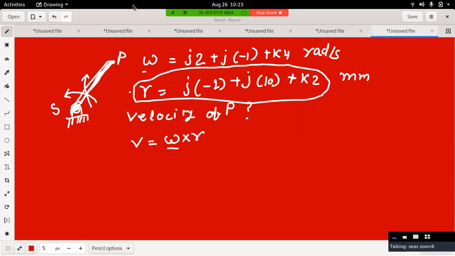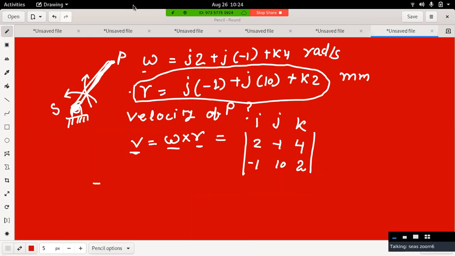So omega is a vector, r is also a vector, and we know that velocity is also a vector. तो यहाँ पे क्रॉस प्रोडक्ट हो जाएगा, and if there are two cross products omega and r, तो हम लोग वेलोसिटी वही डिटर्मिनेंट का यूज करके निकाल सकते हैं. So I, J and K, and then 2, -1, 4, and -1, 10 and 2.